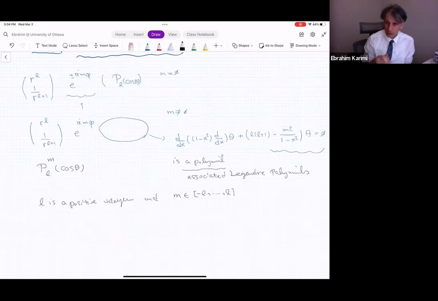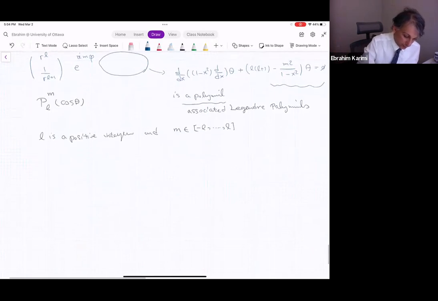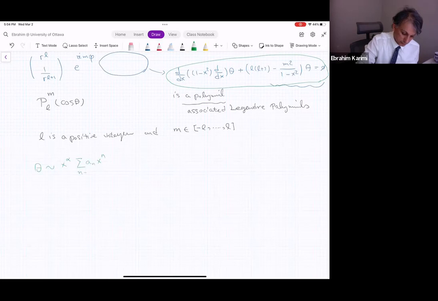Now, due to the series converging, let me go from the beginning once more, because maybe we have too much information here. These differential equations should be solved, right? How can we solve it? Frobenius technique. Theta will be expanded as x to the power alpha, summation of a_n x to the power n.